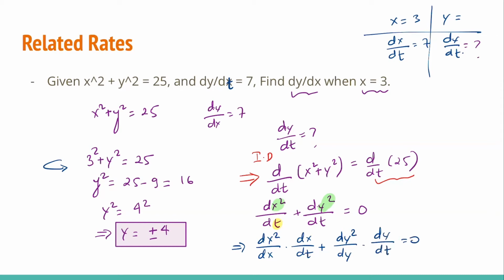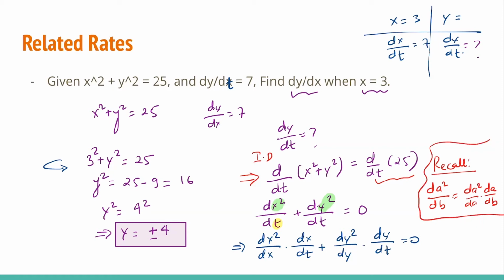And just for a recall, the chain rule is, if we have dA squared over dB, you can write dA squared over dA times dA over dB, right? So this is a kind of recipe for this.